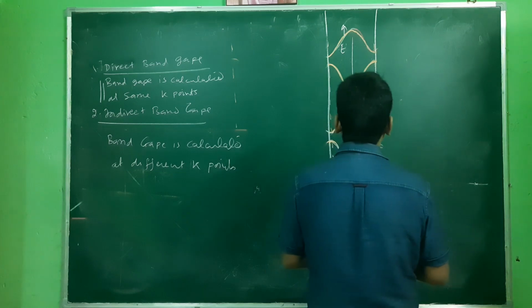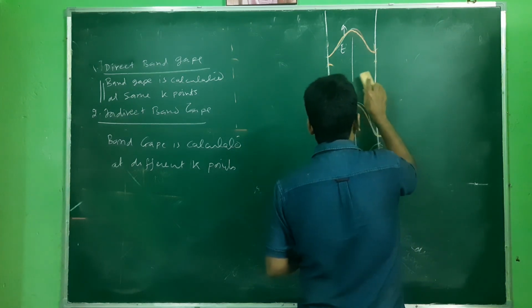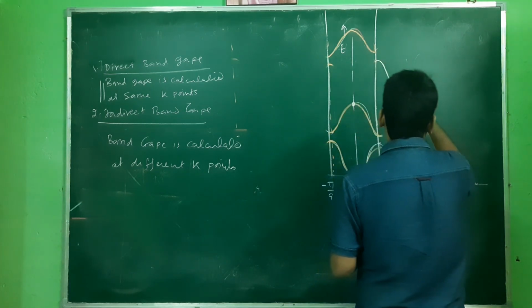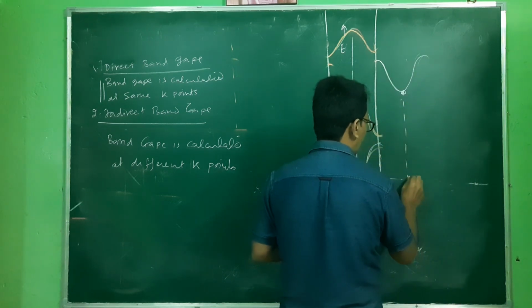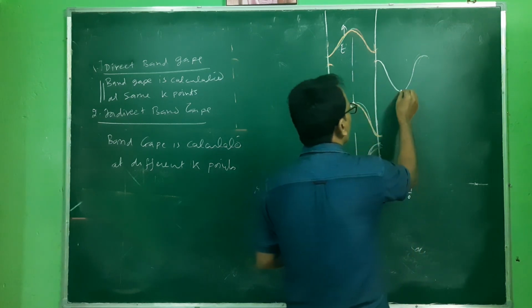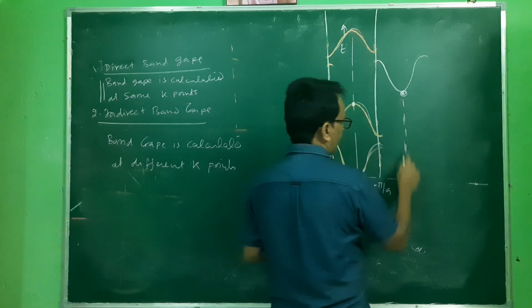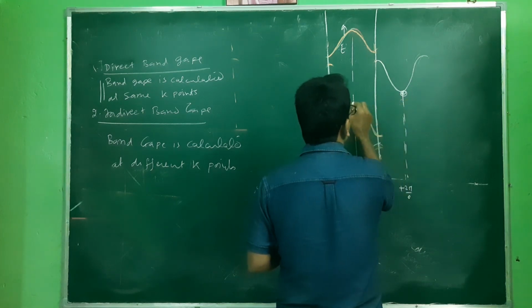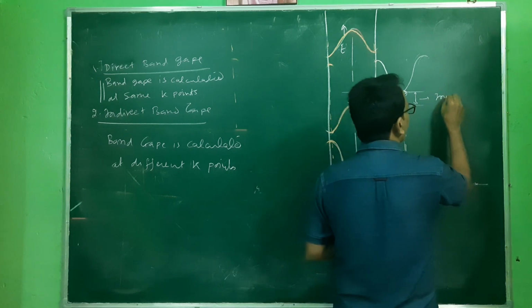And if the band gap calculation is somewhere here, like this, the next one is at plus 2 pi by a, another Brillouin zone. So here the K points are different. This is 0, and this one is at 2 pi by a. So the band gap in between is the indirect band gap.